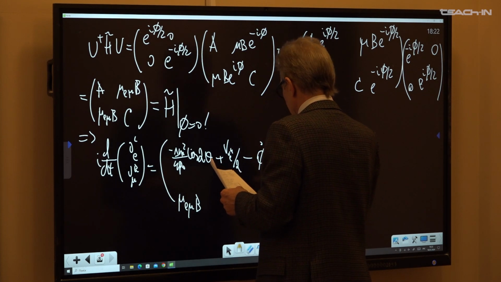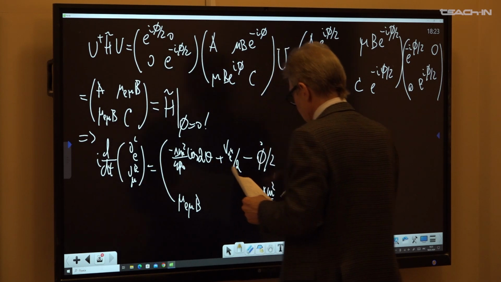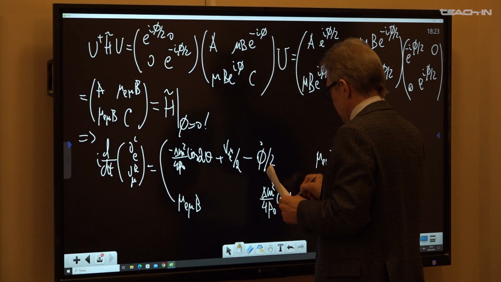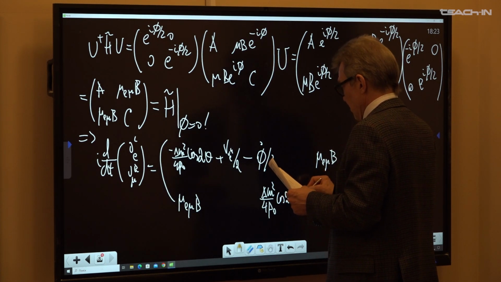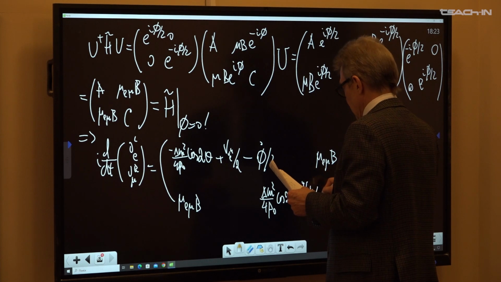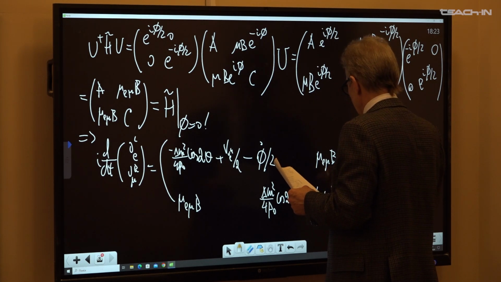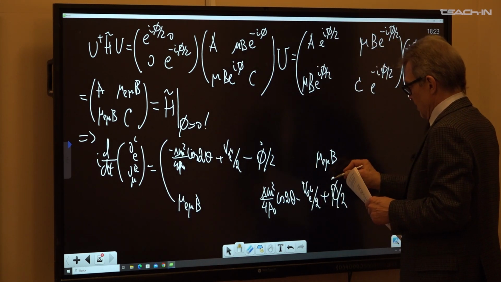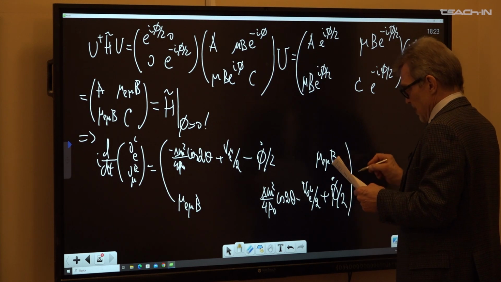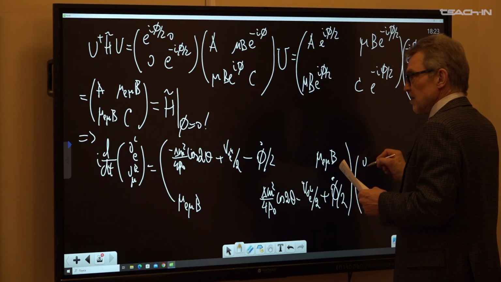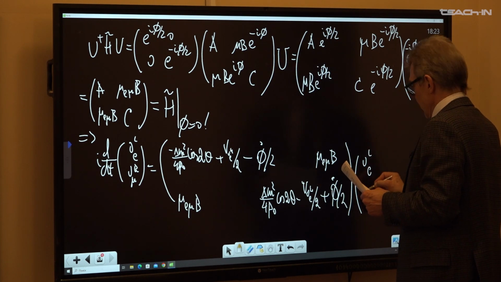And here, mass square difference divided by 4 energies, cosine double theta, minus potential of electron left neutrino divided by 2, plus phi dot divided by 2, and here again electron left, neutrino muon right.